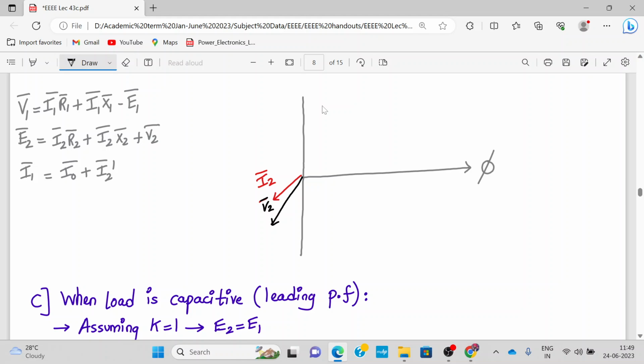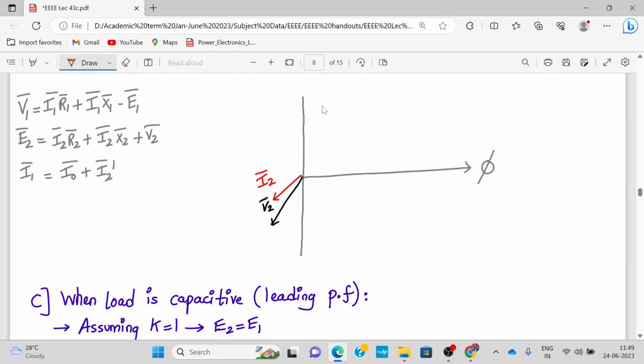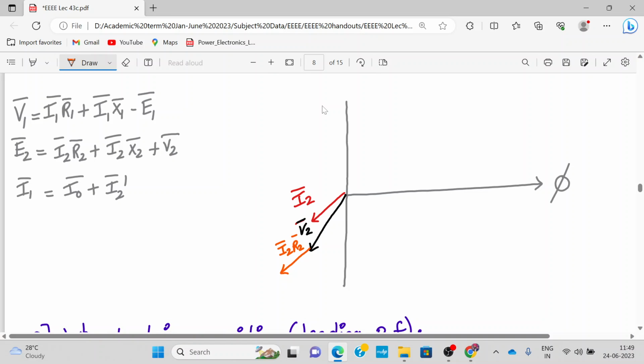Now where will I2 R2 come? I2 R2, I have to draw a line in parallel to this. I mean, it should be parallel to I2. Okay. So this is I2 R2. Alright.